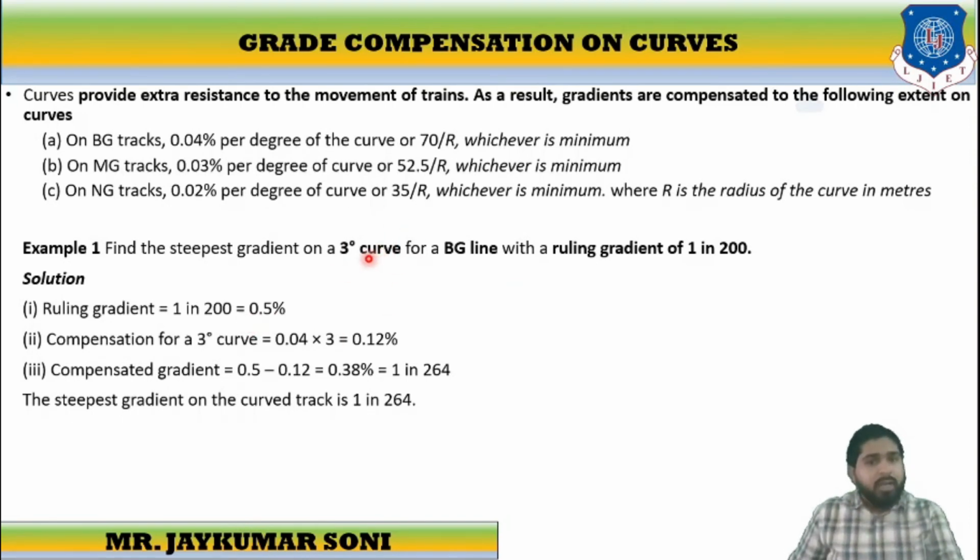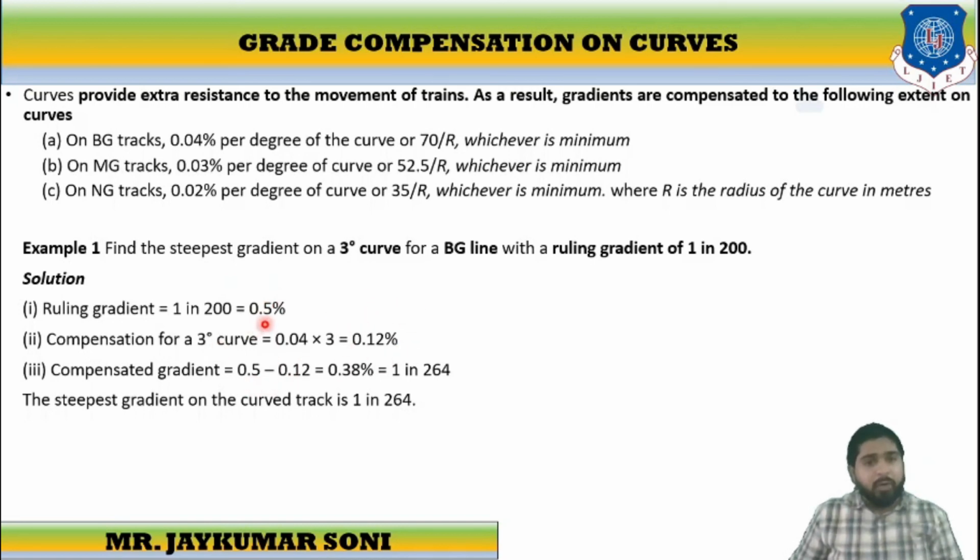So what will we do? We will multiply this 3 degrees with the given criteria. This is a broad gauge line, so it will be 0.04 into 3. So compensation will be 0.12%. Now what will be the compensated gradient? The ruling gradient is 0.5 and we have to compensate the gradient by 0.12.